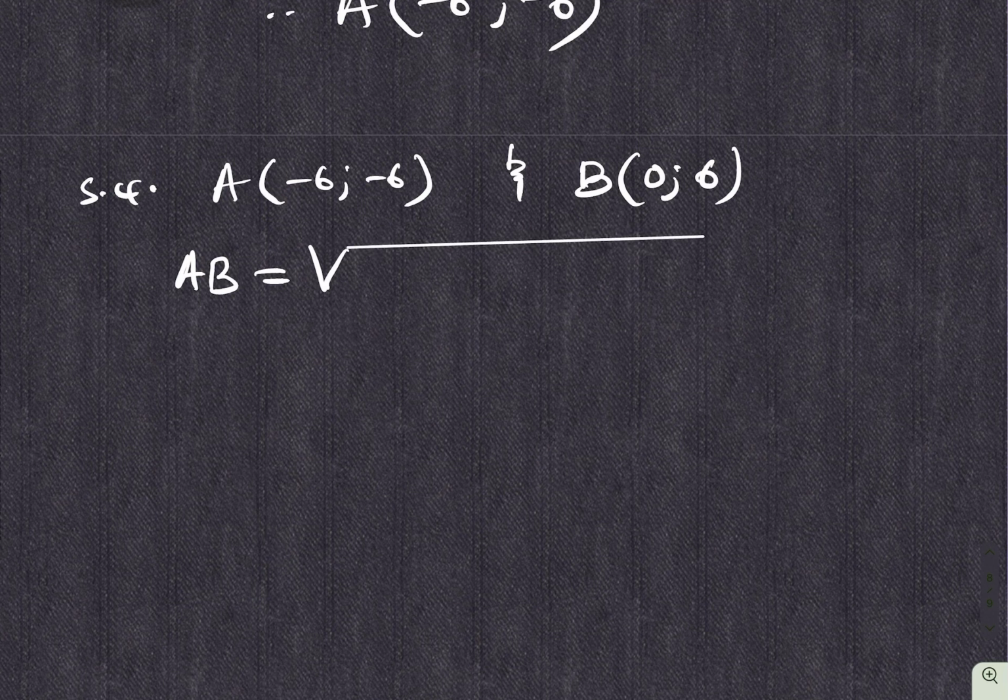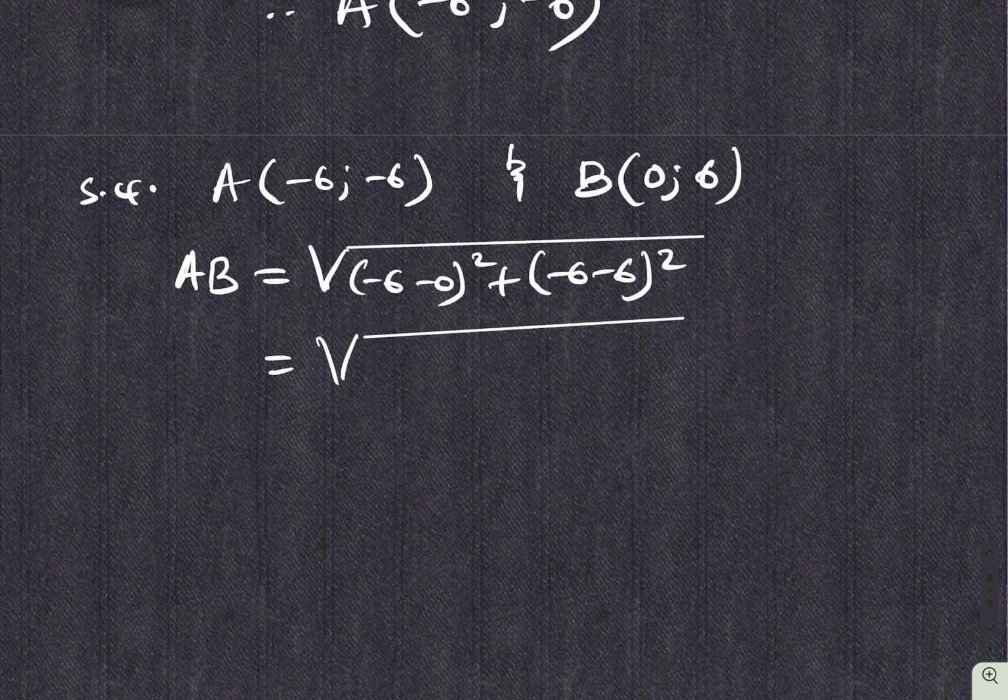Let's do it. We get (-6 - 0) squared plus (-6 - 6) squared. You square that, and that is 2 marks, so you don't have to sweat a lot here. So I may as well reduce this and say that is going to give me 36 plus 144, because that's -12 squared.